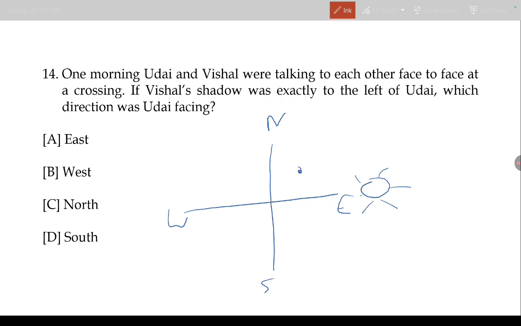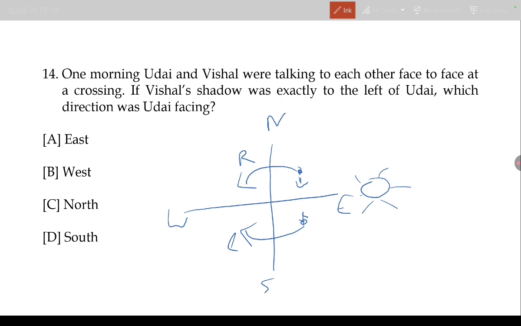Obviously the person will be standing here and their shadow will be this side. The person who is standing here is facing south, so which side will it be, right or left? Right side. And the shadow of this person will be obviously on the left side of him, right?